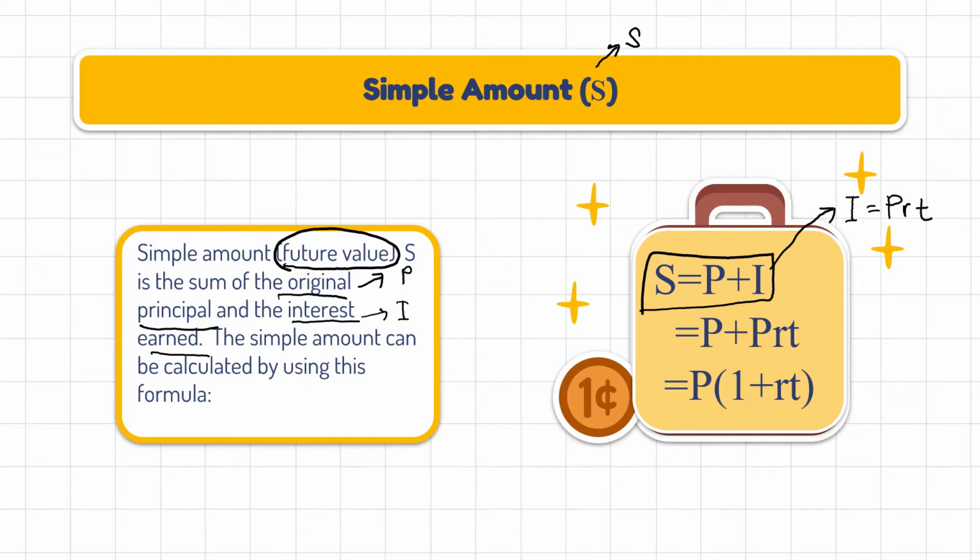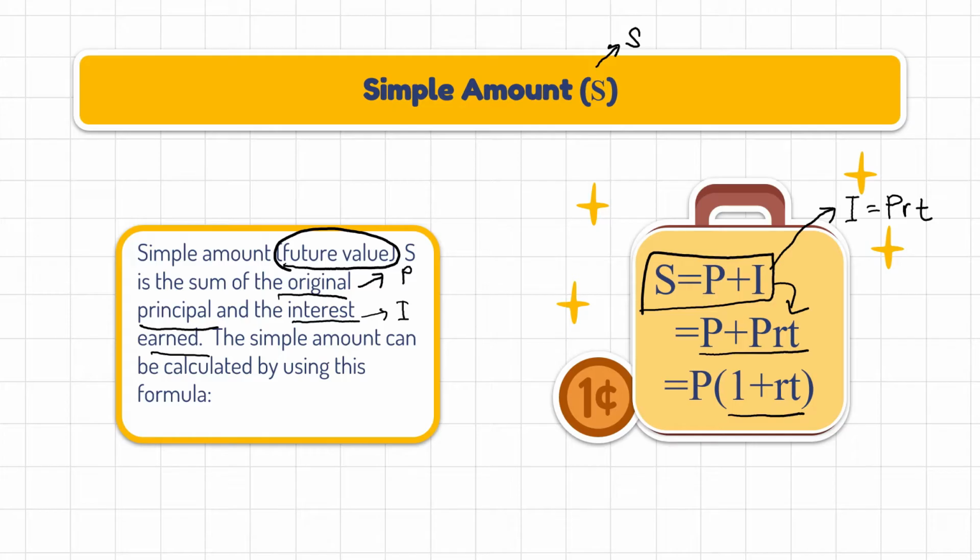Then we can rewrite the equation such that S equals P plus PRT. And then we can simplify the equation and it will be P, we put in bracket, 1 plus RT, since we factorize P outside the bracket, therefore we are left with 1 plus RT.